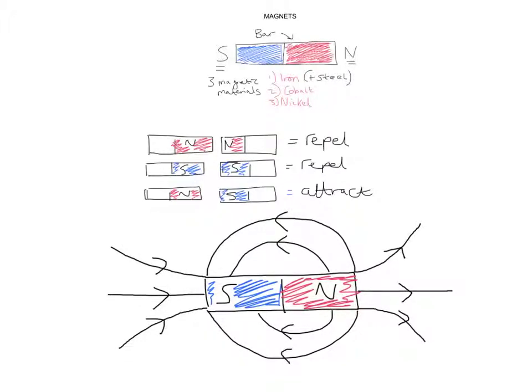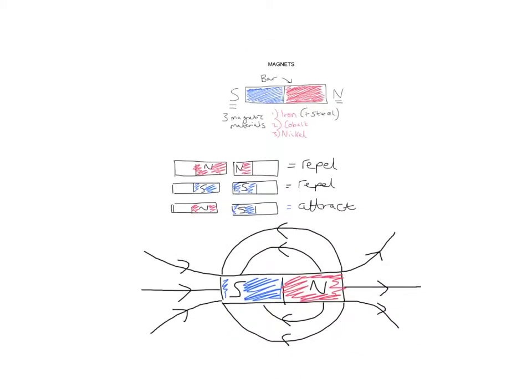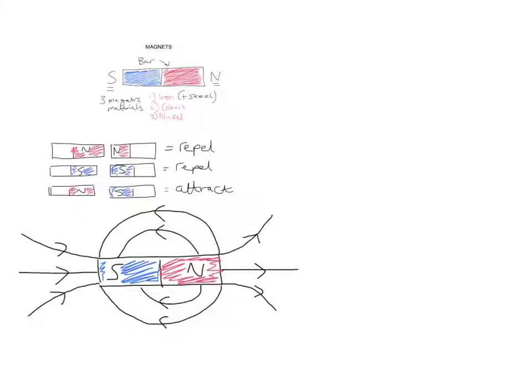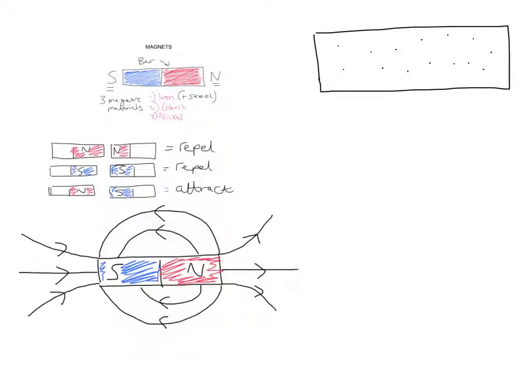So let's think about domains. Again, we'll shrink this and just move it over to here. Domains is a topic that doesn't often come up, but within a magnet, you have tiny groups of atoms called domains, and the domains are in a certain direction.